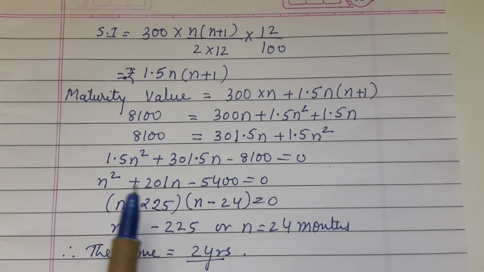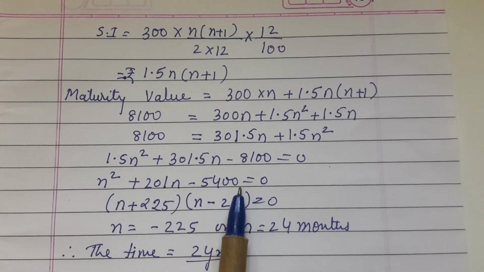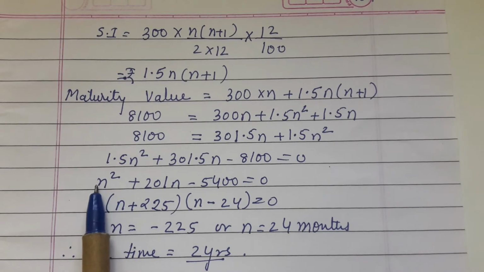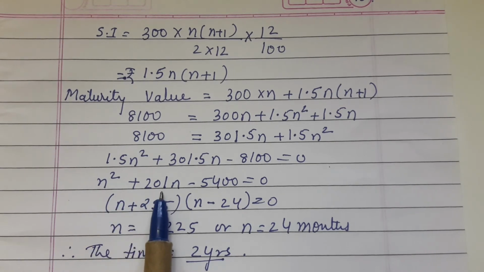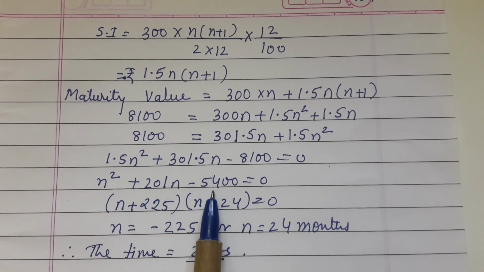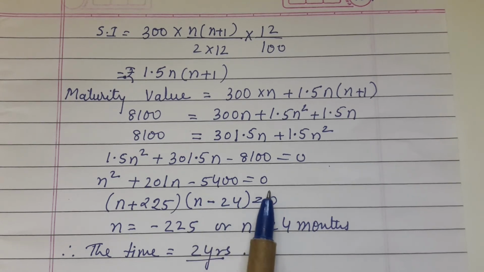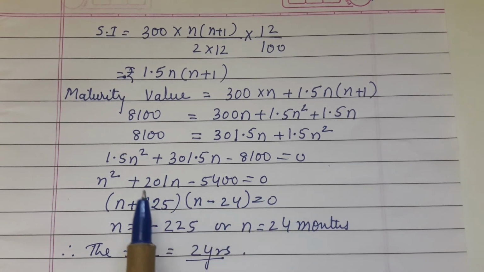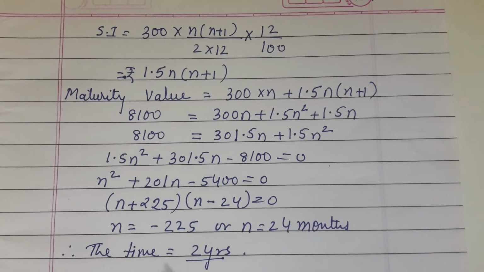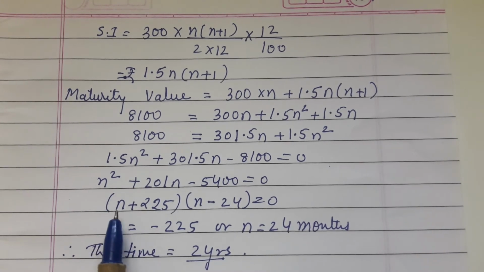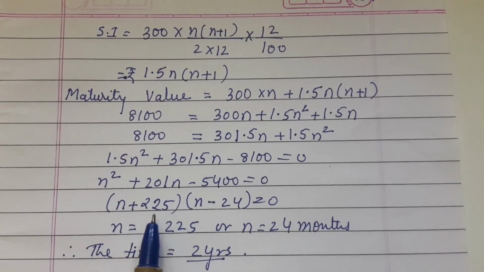Divide by 1.5 on all the sides, we get n square plus 201n minus 5400 equals 0. This quadratic equation you have to solve. We will get (n plus 225) into (n minus 24) is equal to 0.